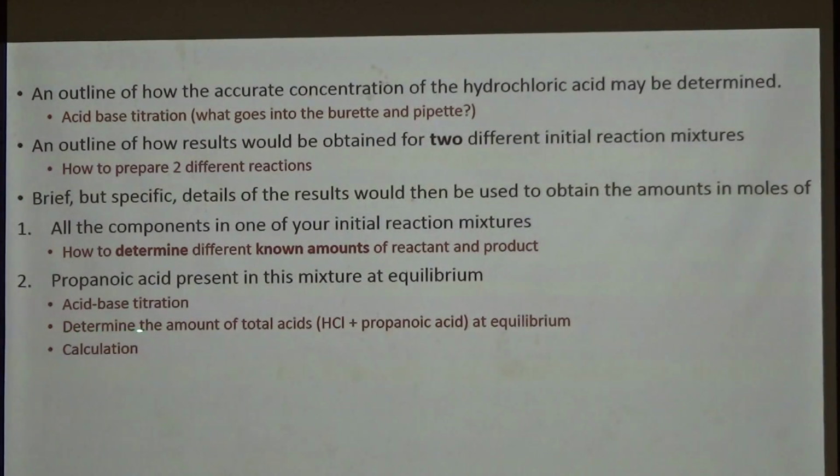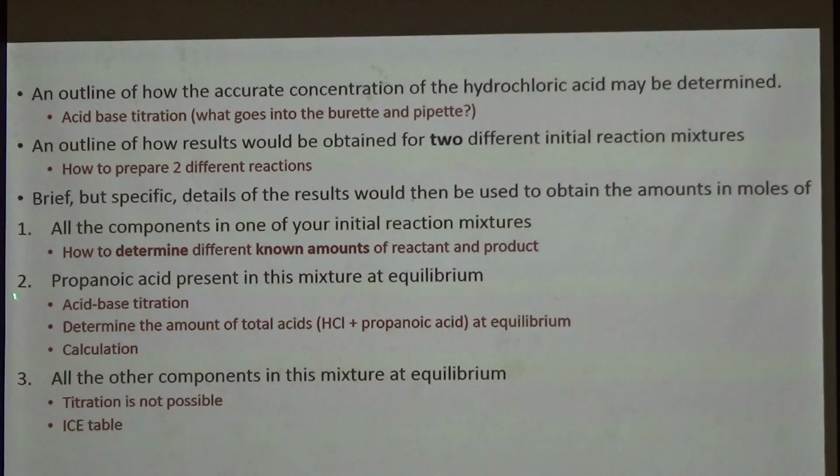From there, you will determine through calculation the amount of propanoic acid present in the mixture. Then for part 3, all the other components in this mixture at equilibrium, because you have only done an acid-base titration, how can you find out the amount at equilibrium of your alcohol, water, as well as ester? There's no way for you to do that. So titration is not possible to answer part 3.